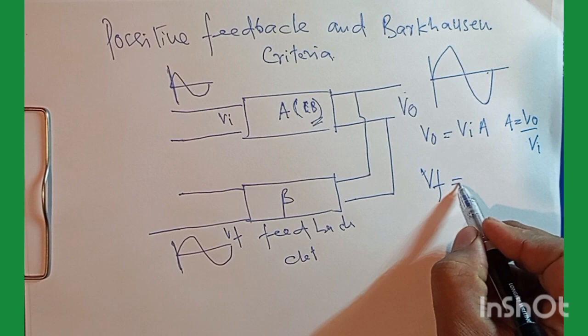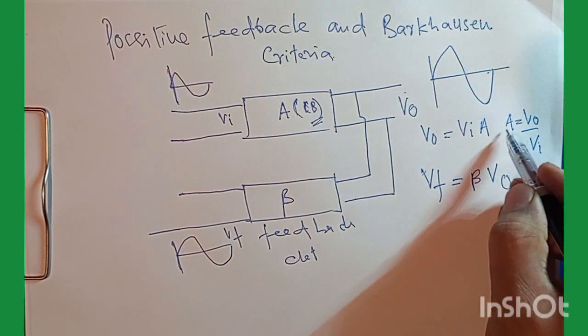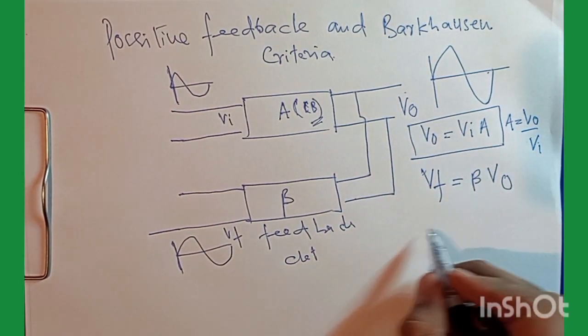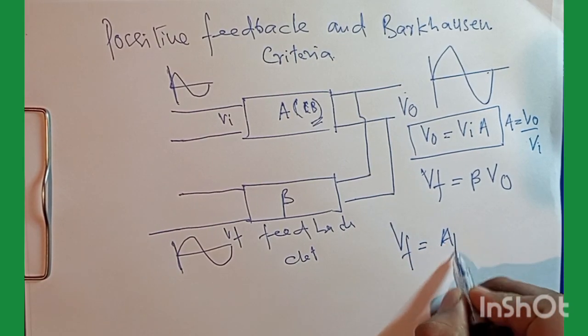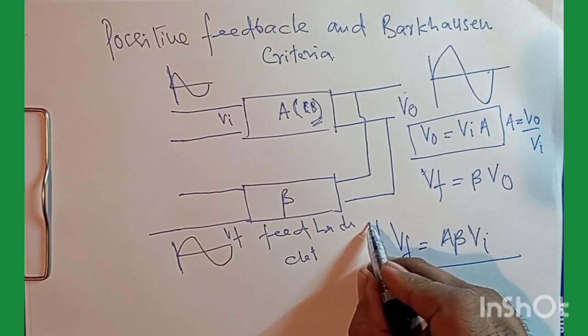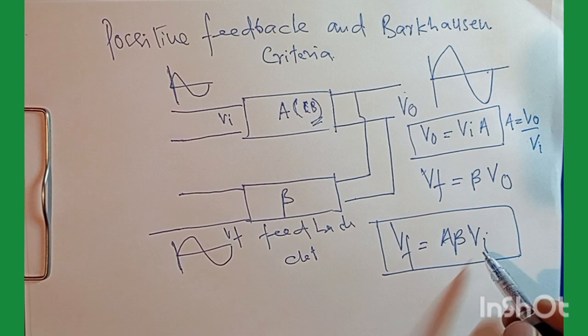This VF will be beta times V out. But from this equation, it's clear that V out is VI times A, so VF will be A beta VI. So here we are analytically trying to attain a relation between the feedback voltage that we obtain and the initial voltage that we have given to the amplifier.